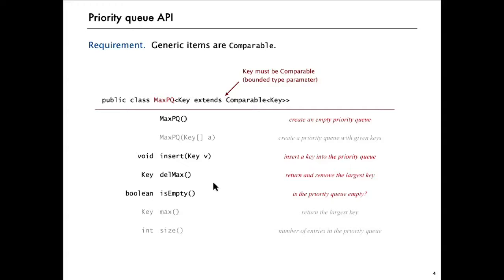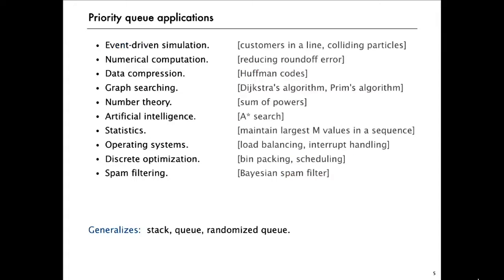We have a separate implementation, usually MinPQ, where we delete the minimum. Then test isEmpty, and we also sometimes have an extra method that just gives us the value of the largest key, and also size, which is useful sometimes in collections. You might also want it to be iterable, but we'll skip that for now.